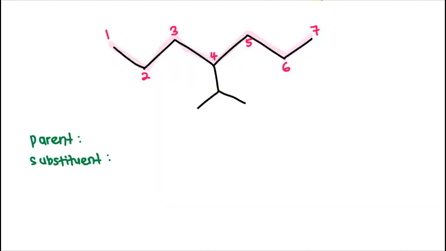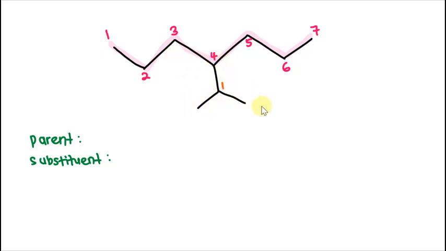Let's have a look at an example. Let's say we have a branched alkyl group attached to the 4th carbon. How do we know that this is a branched alkyl group? Because the carbon that is directly attached to the 4th carbon is going to be the first carbon, and then the carbon next to it is going to be the second carbon.